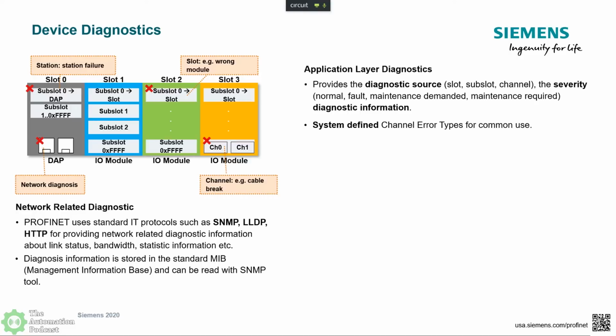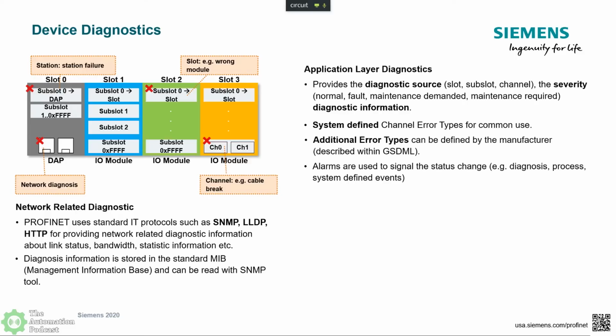And PROFINET defines various error types, but the device vendor can define its own error types as well. So besides the system-defined error types, which are already defined in the standard, each vendor of a PROFINET device can provide its own specific error types.